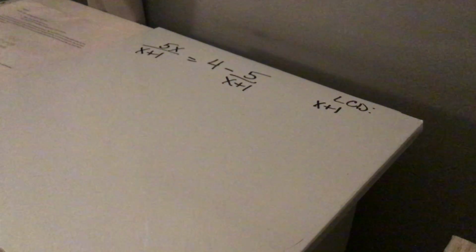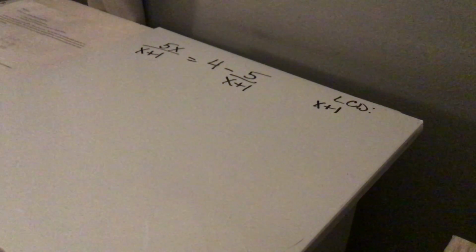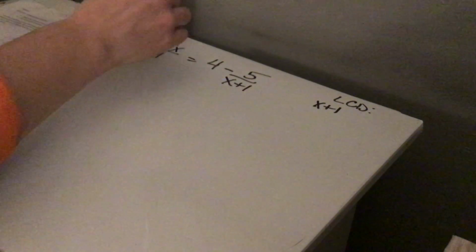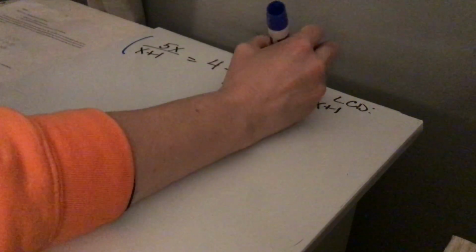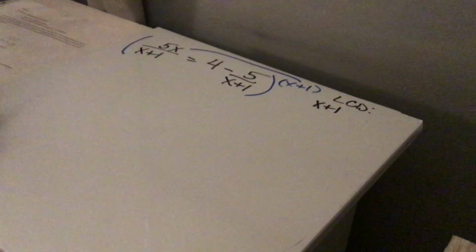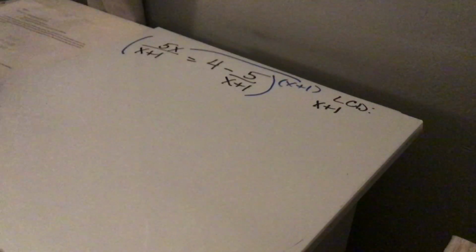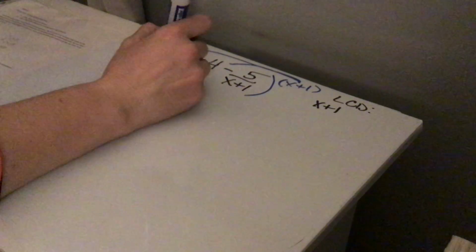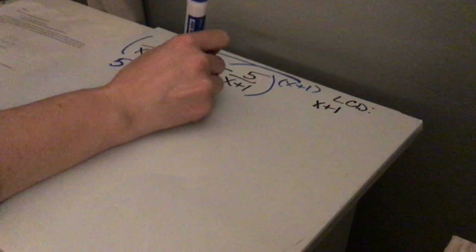So x plus 1 is your least common denominator. I'm going to multiply everything by x plus 1. So x plus 1 times 5x over x plus 1, the x plus 1's cancel, we get 5x. Then 4 times x plus 1, we would get 4x plus 4.